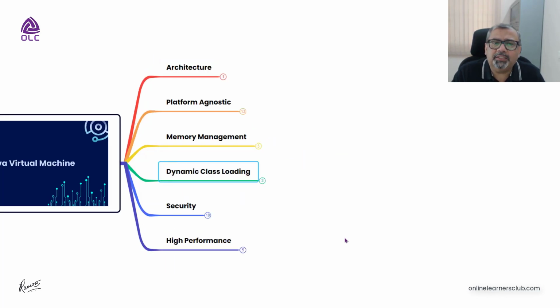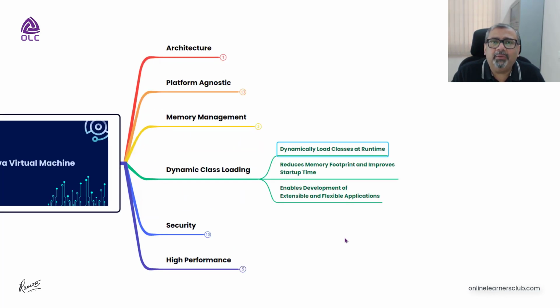In addition to memory management, JVM is responsible for loading the classes. So it can dynamically load the classes as well. So we have dynamic class loaders. And by loading the classes dynamically, it will reduce the memory footprint, which is a very important element, especially in environments where you are running with very constrained memory.